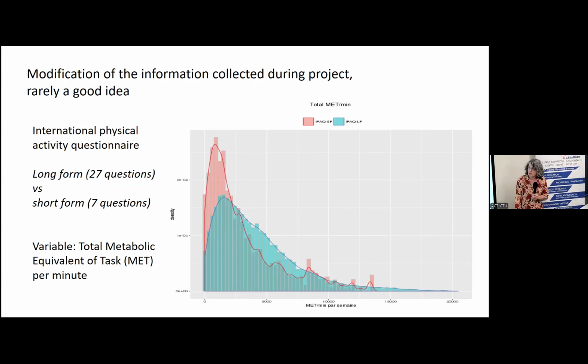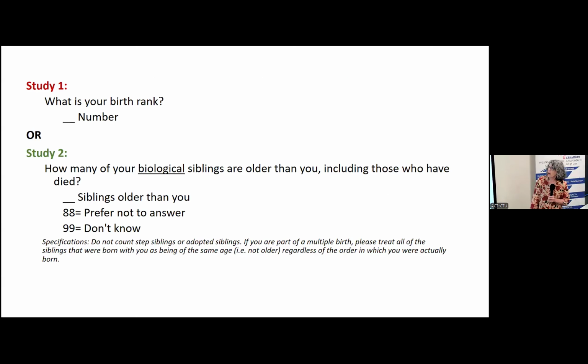So, a more simple example. If you are asking a question about birth rank, would you ask, what is your birth rank, and a number?